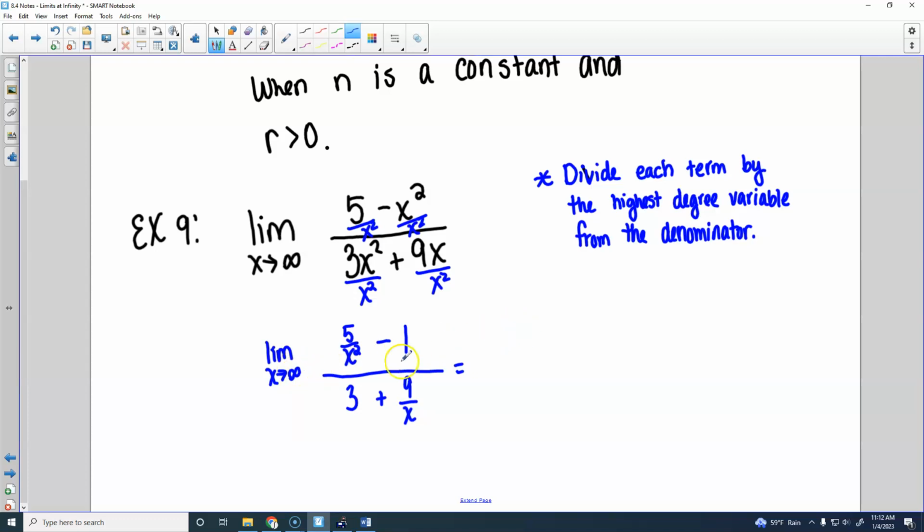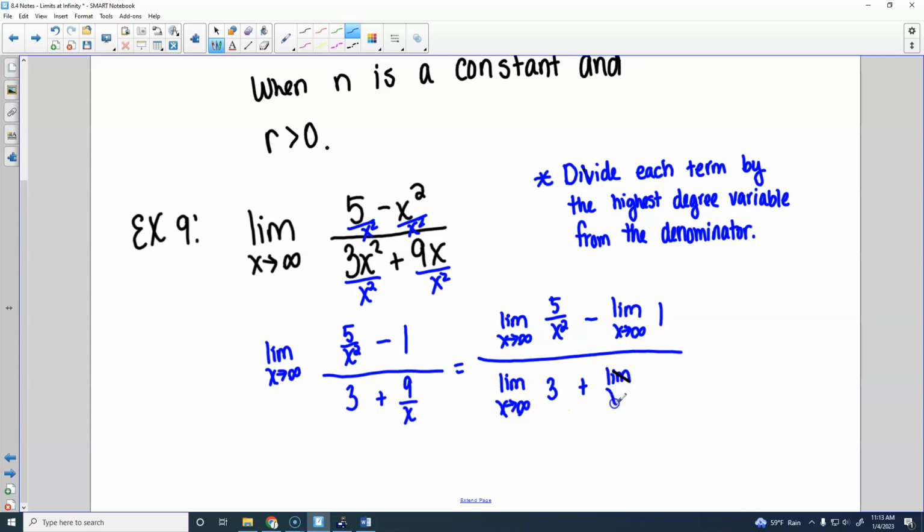So I can take the limit as x approaches infinity of 5 over x squared, minus the limit as x approaches infinity of 1, over the limit as x approaches infinity of 3, plus the limit as x approaches infinity of 9 over x. I don't usually write that step. I just do this in my head, but I want you to understand what's happening, so I'm writing it this time. I'm taking the limit of each piece separately because the properties of limits tell us that we can do that.